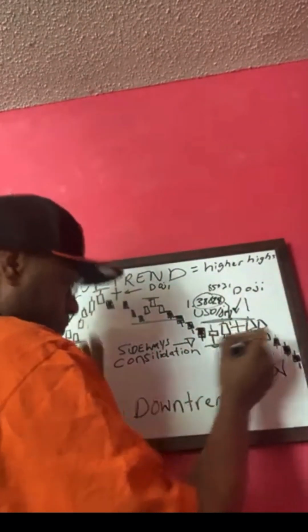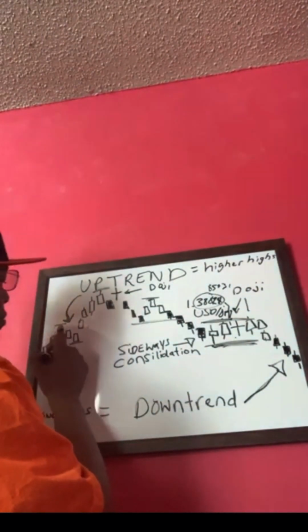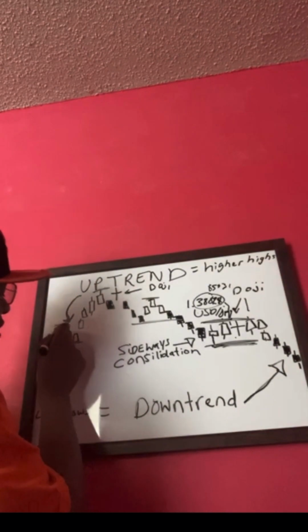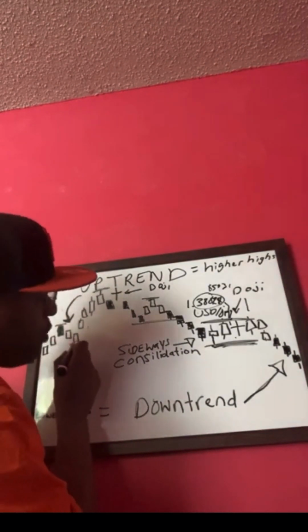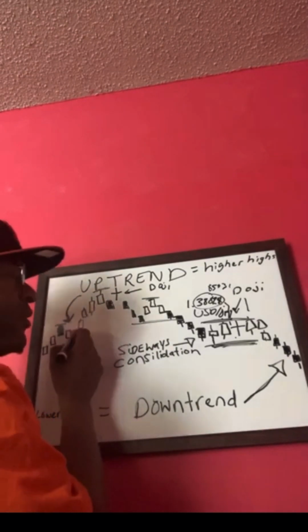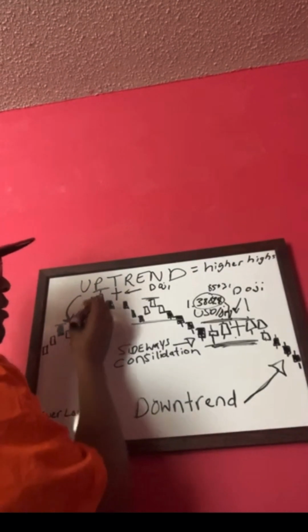Okay, right here. So, going back. It went up for a minute, created a resistance, fell back down, created a support, went back up, and formed a minor uptrend.